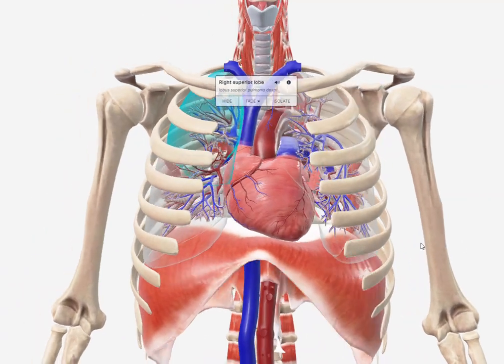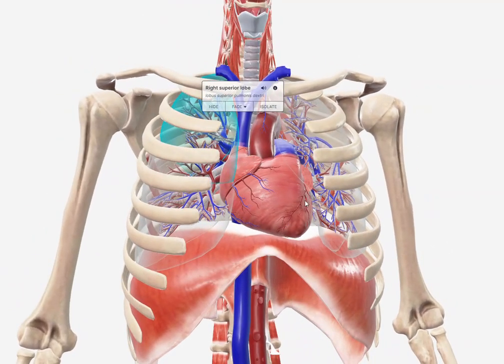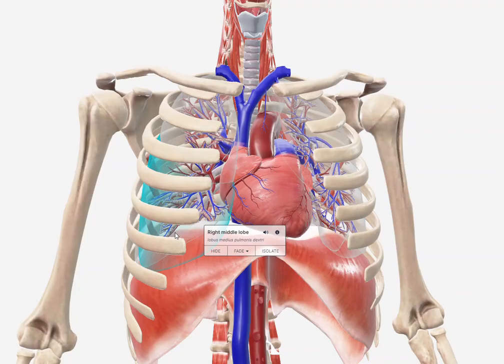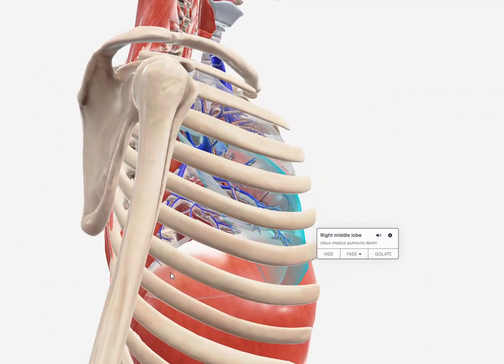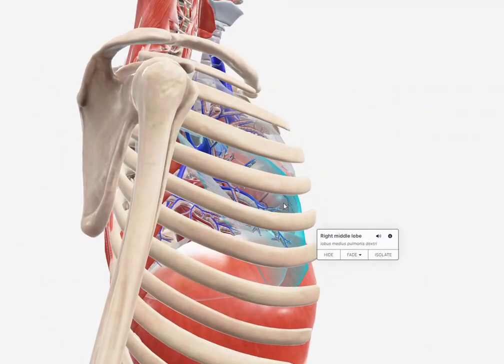If we just give them one x-ray like this, with these overlying lobes, they could have a mass. Say they have a mass in their lung here, right? Well, there's no way for them to identify exactly what lobe that mass is in, because these lobes overlie one another, anteriorly, posteriorly. So what do we got to do? Turn them sideways and take an x-ray that way. Now they'll be able to see, oh, the mass is here.